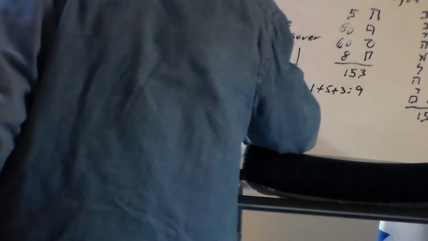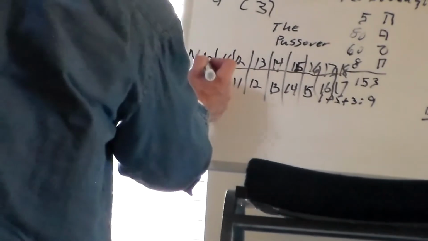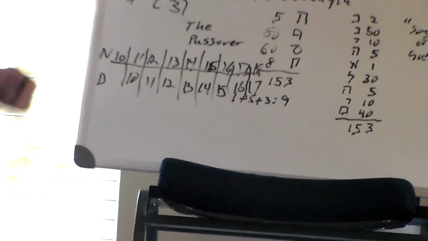And so it would go like this: 15, 16, 17. And then you'll have 18 up here. Okay, now what'll happen is, this is the 10th. Shabbat just ended, you had Havdalah, right?